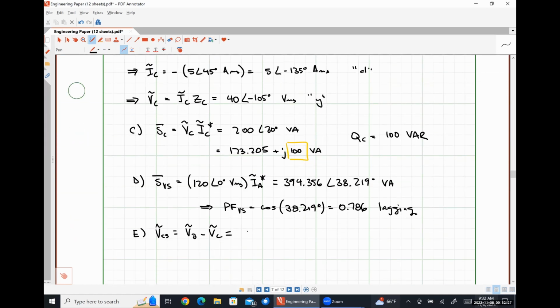So I get 96.225 with an angle of 23.463 degrees volts RMS. The complex power supplied by my current source is going to be the voltage drop across that current source times that 5 angle 45 degrees conjugate.